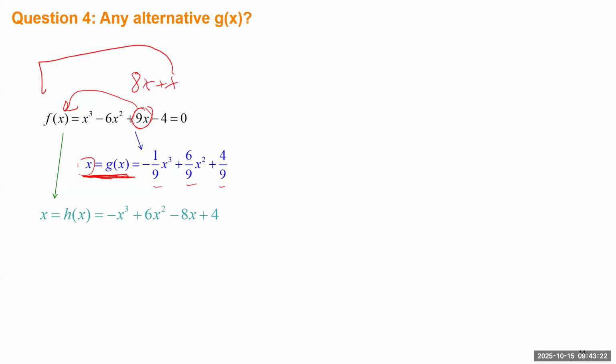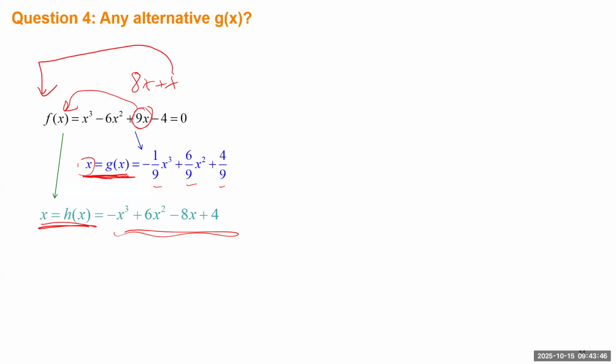We only move this single x to the left. Then divide both sides by -1. So it will give you this second formula. It also meets the same requirement, which means we can use this second formula to iterate. The right-hand side still keeps the third order nonlinearity.